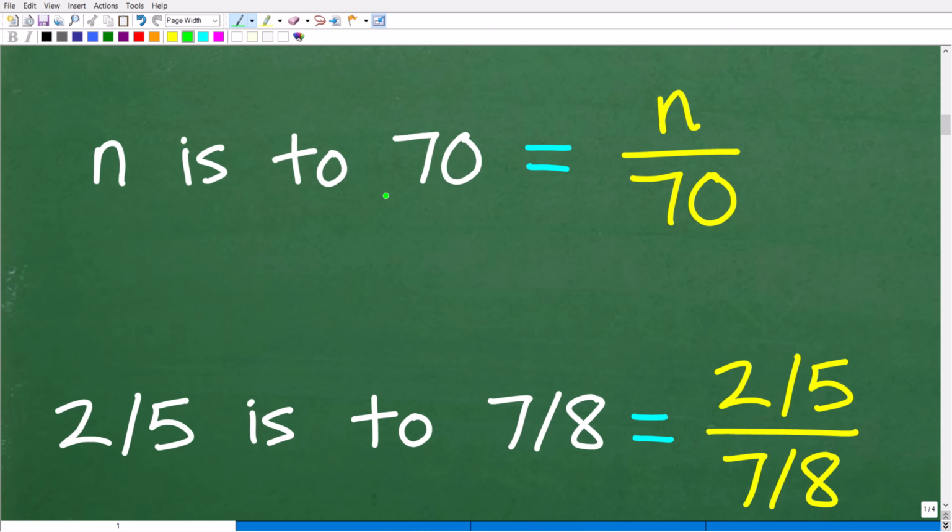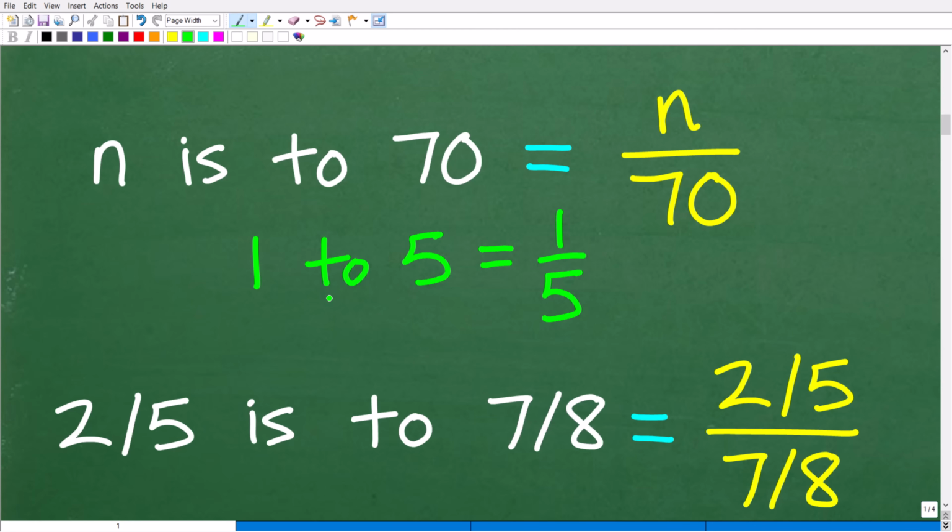Now, when we write a ratio, okay, the first number, like 1 is to 5, the first number here is the numerator, and the second number is the denominator. Now, again, this word "to" is indicating a ratio.